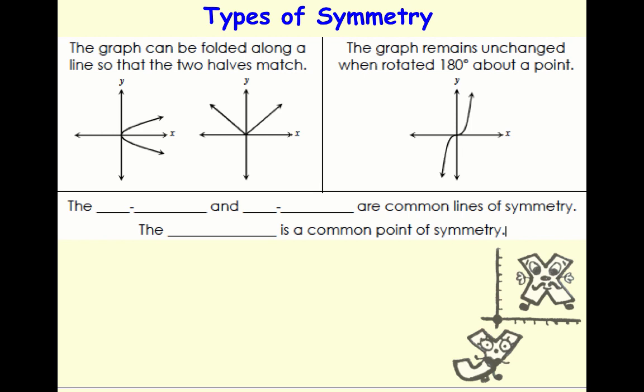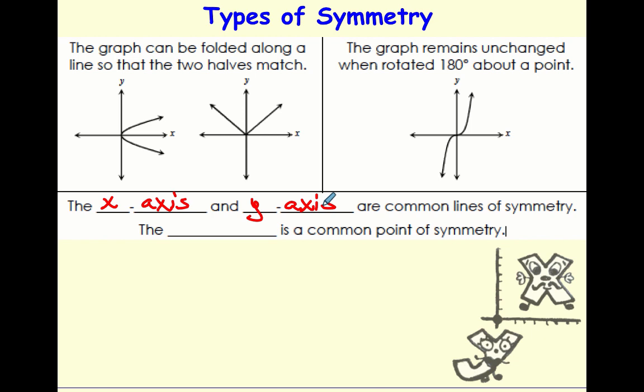And specifically when we're talking about functions, we talk about vertical symmetry and horizontal symmetry. Some functions have it. Now this is point symmetry. Point symmetry is when you can rotate about the point 180 degrees and you end up with the same looking graph. So the x-axis gives us horizontal symmetry, and the y-axis sometimes is our line of symmetry.